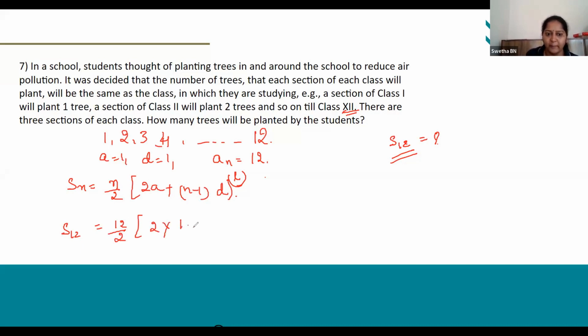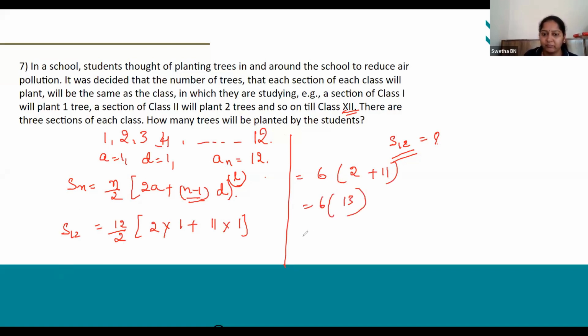That is 1, plus n minus 1, that is 12 minus 1, 11, into d. 12 by 2 is nothing but 6, 2 into 1 is 2, plus 11. So 6 into 13. What is 6 into 13? That is 78. Right, children?